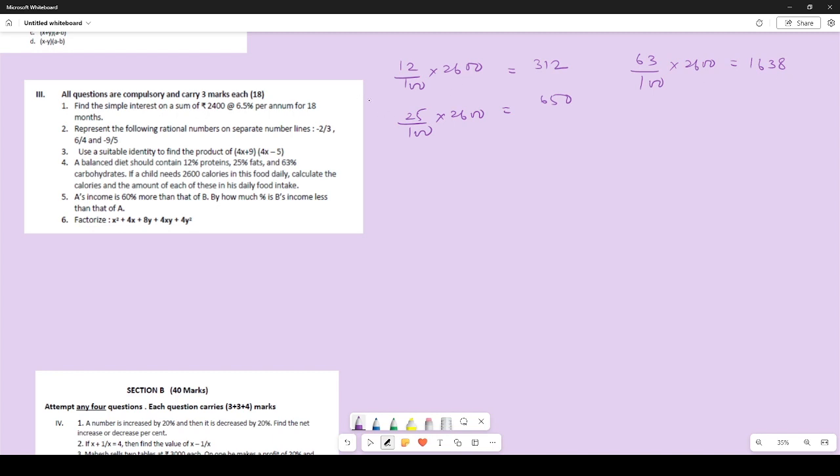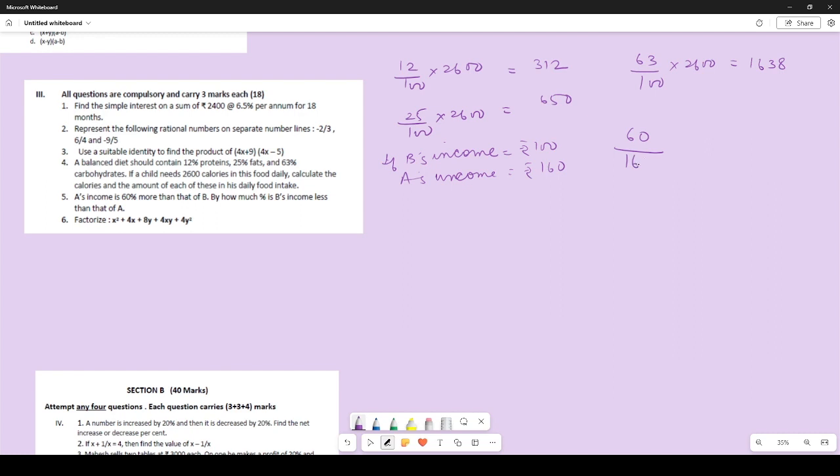Let us move on to the next question. A's income is 60% more than that of B. So what this means is, if B's income is rupees 100, A's income is equal to rupees 160, right? So the difference between A and B's income is 60 rupees.